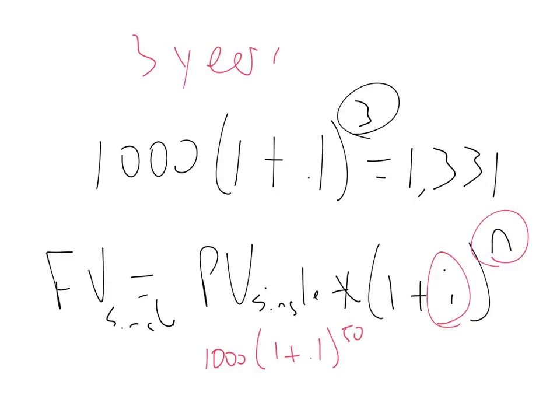You don't have to have a financial calculator to do this. But this turns out to be, if my calculations are correct, $117,390.85. So after 50 years, that $1,000 has grown into over $117,000.